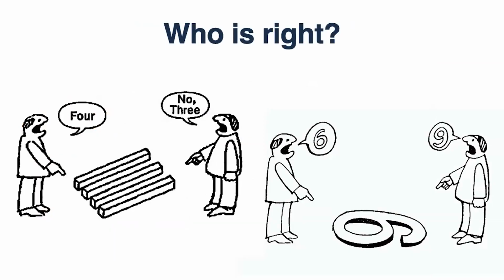You might think that you are right and the other is wrong, but probably we are just looking at the same facts from different perspectives, and no one is right or wrong. There are just different truths.